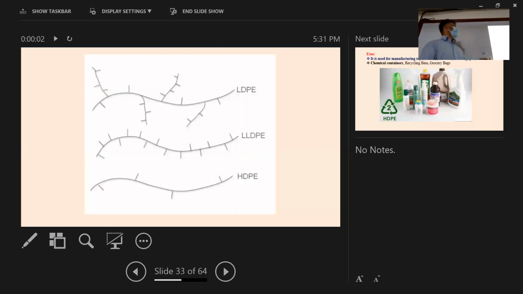Yes, thank you. Linear low density polyethylene. Linear means this is linear, and low density means this is not linear. Okay, you are always expecting it like this.